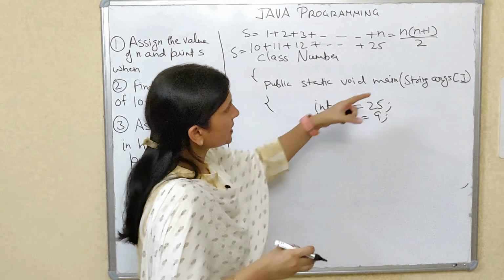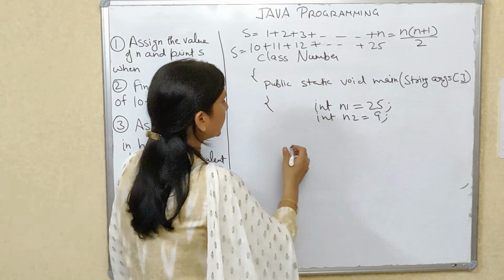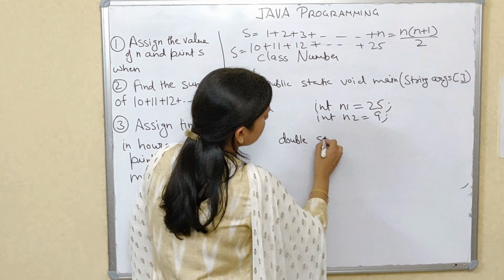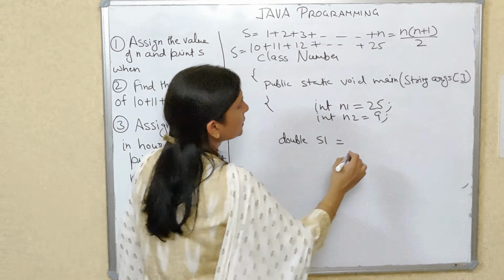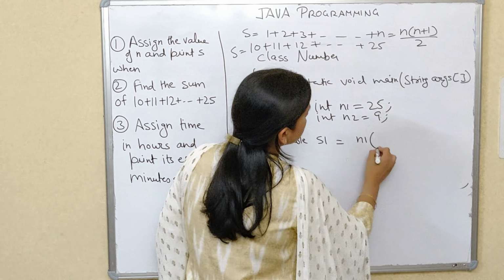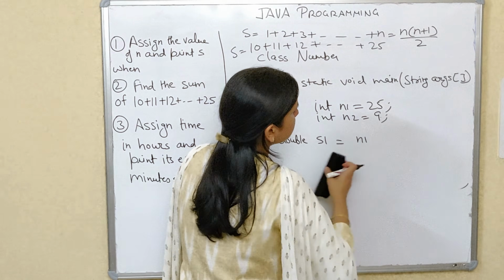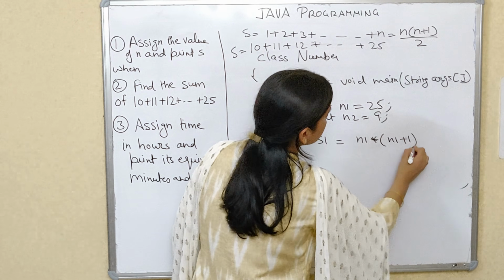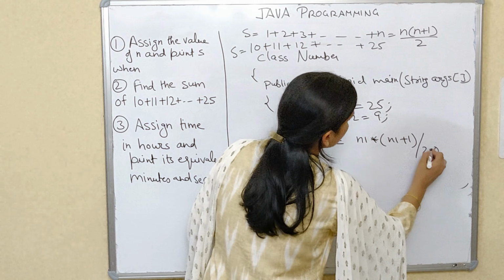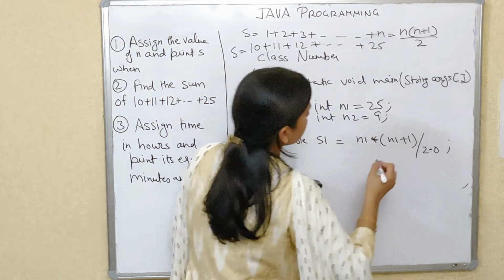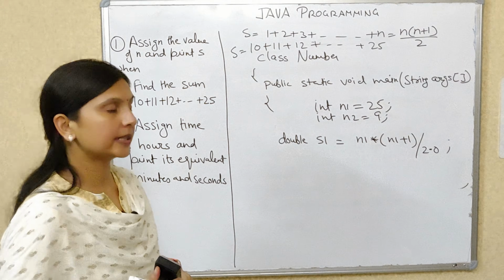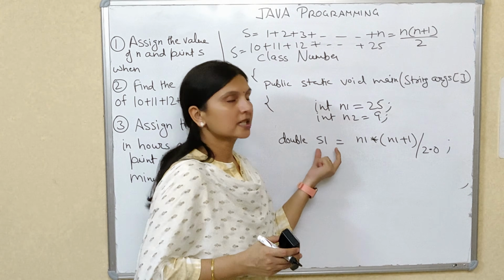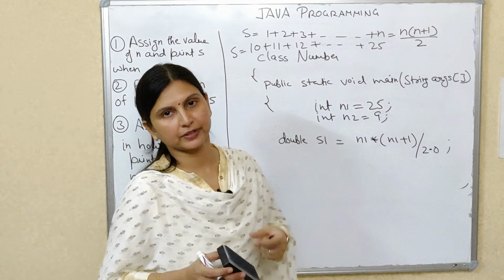So if I use this formula, I will get double S1 equals n1 asterisk n1 plus 1 slash 2.0. Fine. So this is your S1. S1 means the sum of 1 to 25.